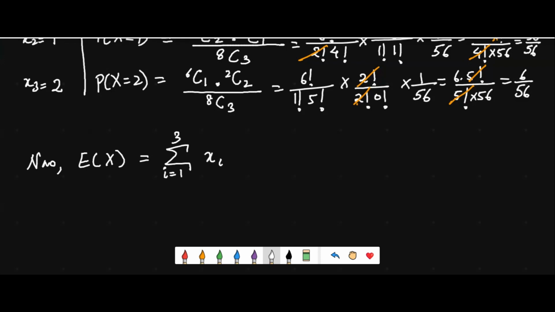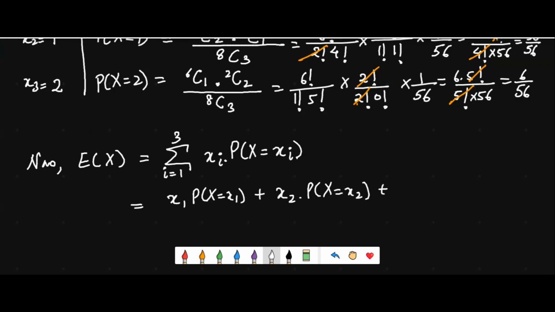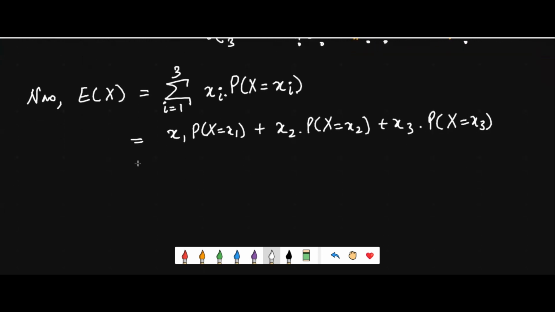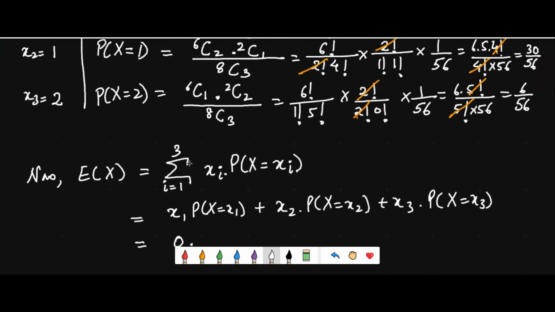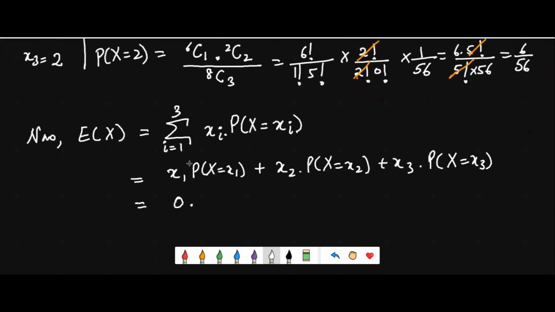So xi is multiplied by the probabilities. We'll get the answer. So this would be x1 into p of x equal to x1 plus x2 into p of x equal to x2 plus x3 into p of x equal to x3. So x1 is 0 multiplied by the probability. So that's 20 upon 56.